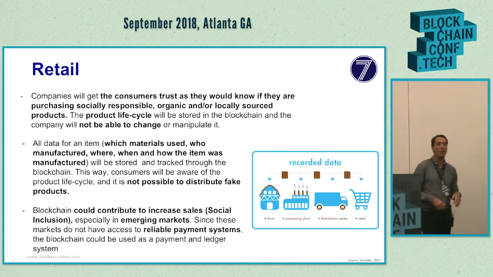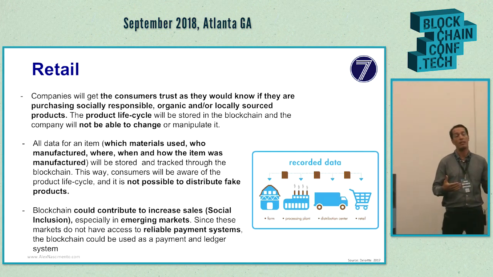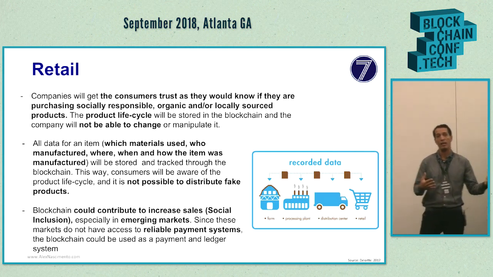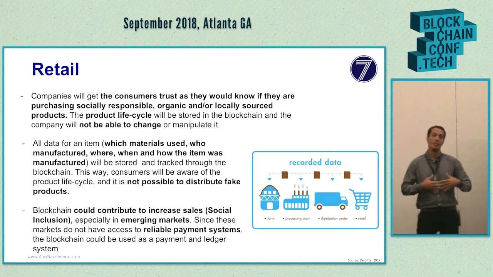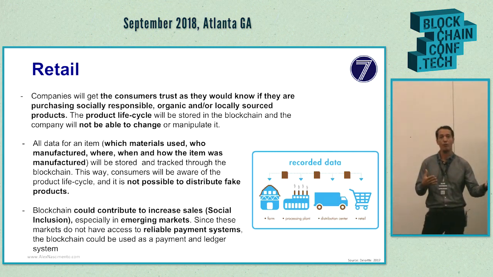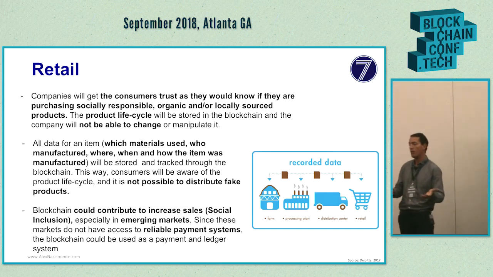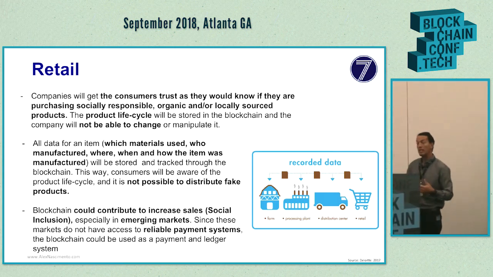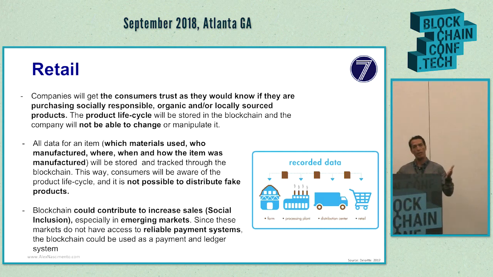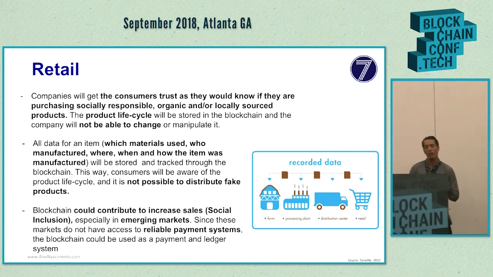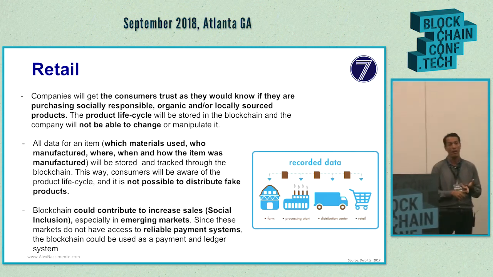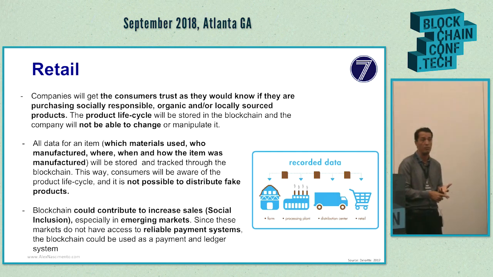Now with a smart contract and with the blockchain, potentially we could challenge if Whole Foods is really delivering 100% organic food, because we can see the traceability of all the product that went into that final good and whether it is really what they're telling us it is: if it was locally sourced, if it is organic, if it was socially responsible.